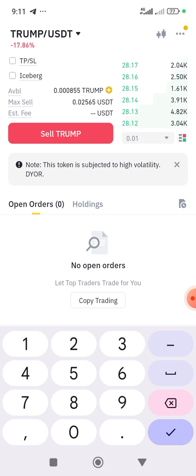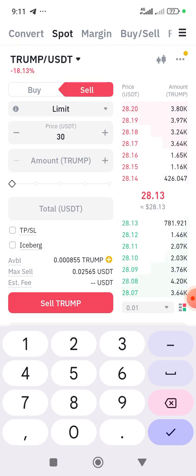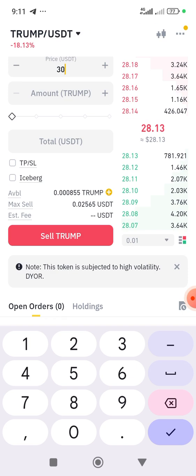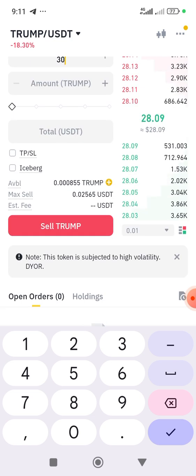And anytime, whether I'm sleeping or I'm at work, that the price reaches $30, immediately the order will be executed and the money will be credited into my account. That is how to do spot trading on Binance.